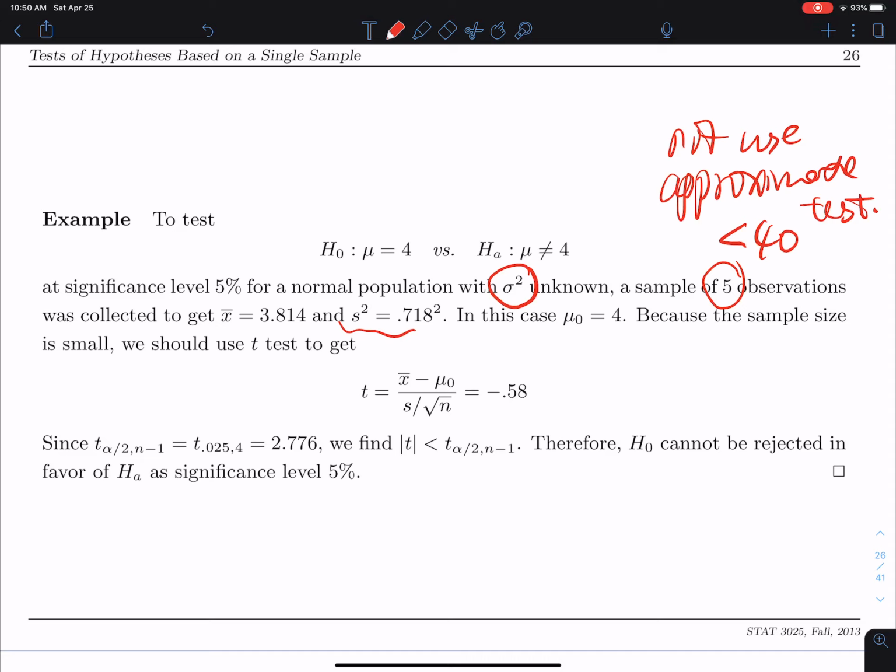So here we choose to use the t-test because we have a normal population. The t-test statistic is given in the following.